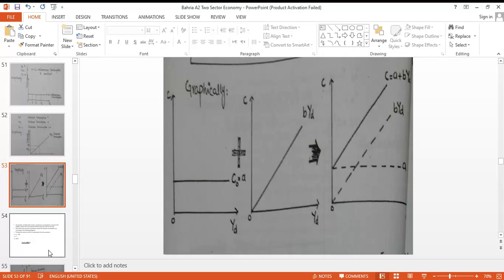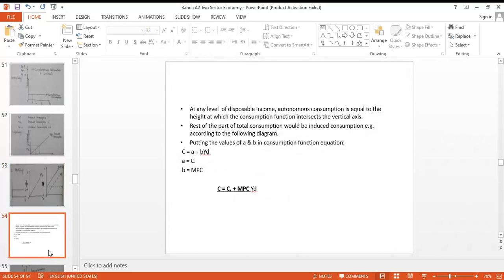Consumption is equal to A plus BYD. It is equal to autonomous consumption plus a certain factor, which we will see what the factor is. However, you can simply say right now that the factor is the gradient of this line and the disposable income that you are earning.